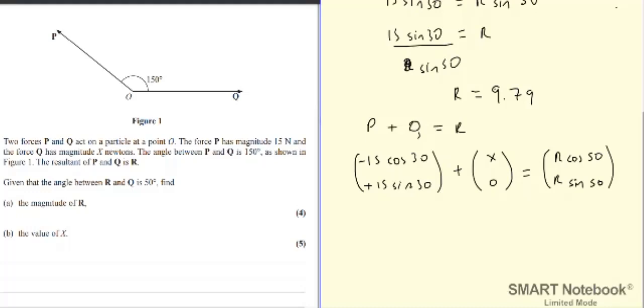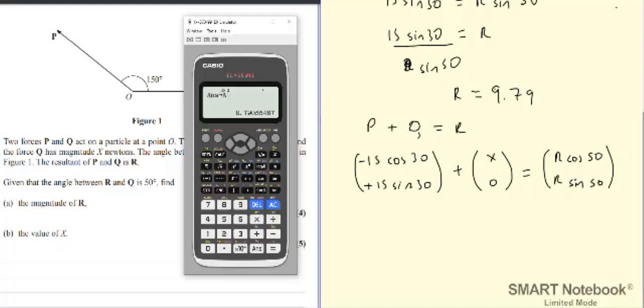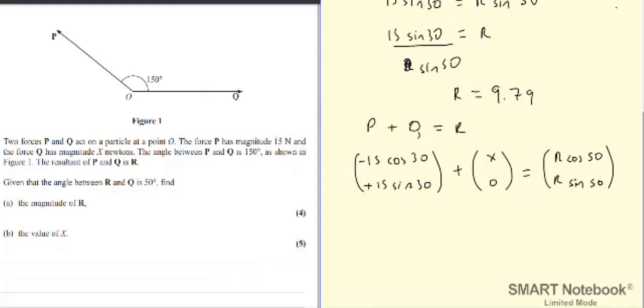We know what R is here, 9.79, and we've stored that already. Now to work out X, we could use the equation at the top, sort of becomes like a vectors problem, isn't it? Minus 15 cos 30 plus X equals R cos 50.